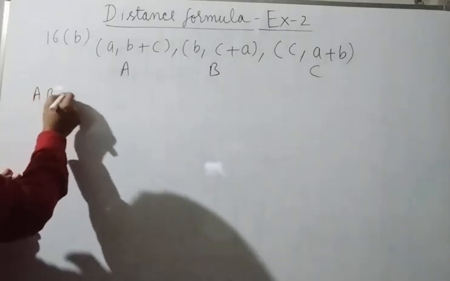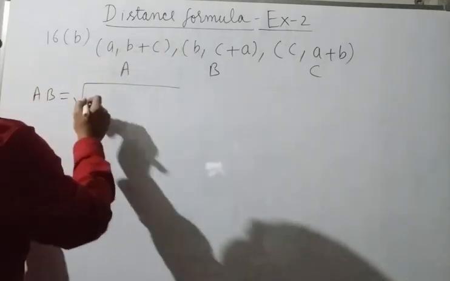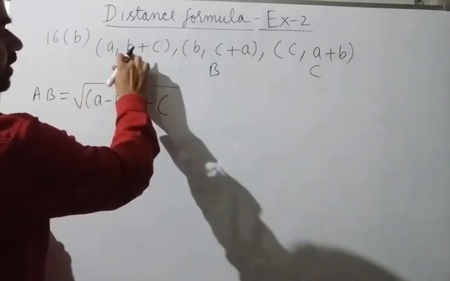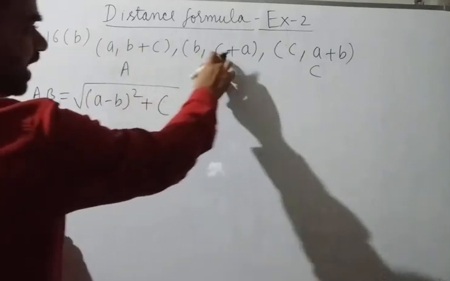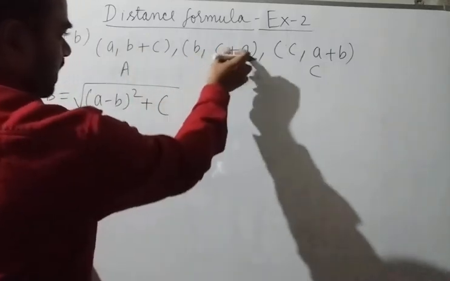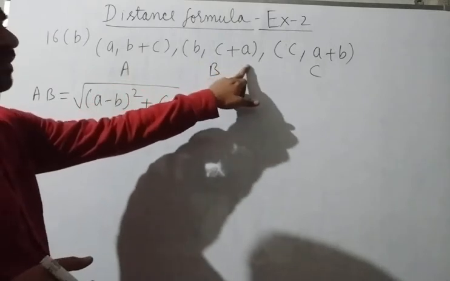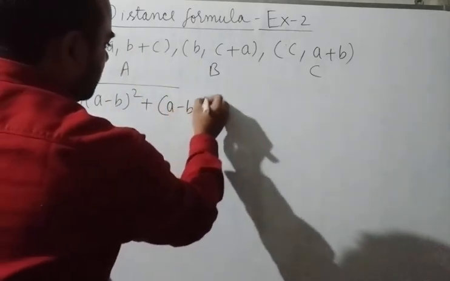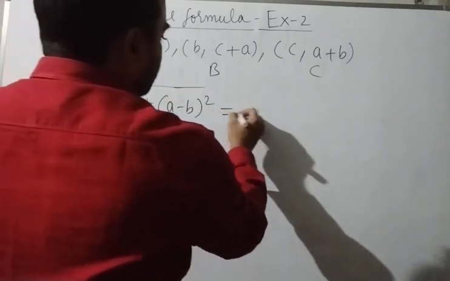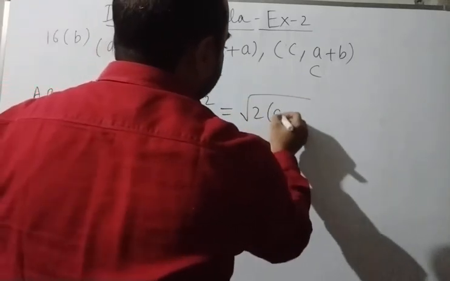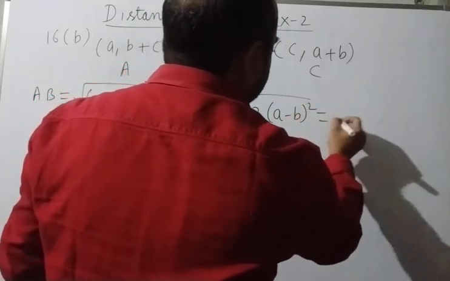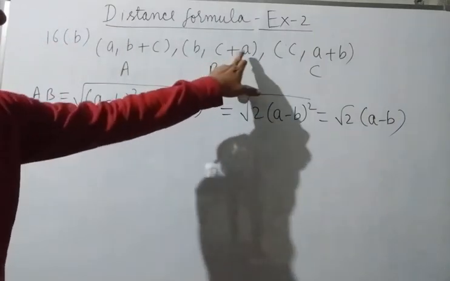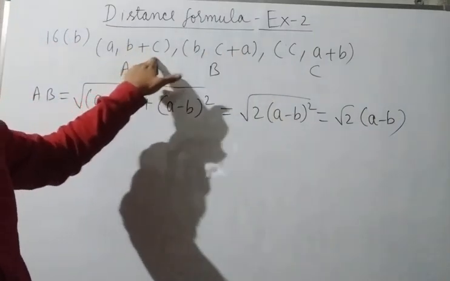Now AB will be root of (A minus B) whole square plus (B plus C minus A) whole square. When you take B plus C minus A or A plus C minus B minus C, C and C cancelled.